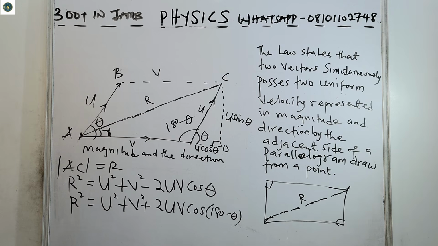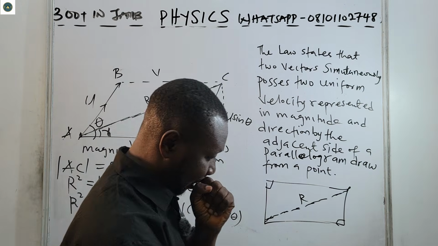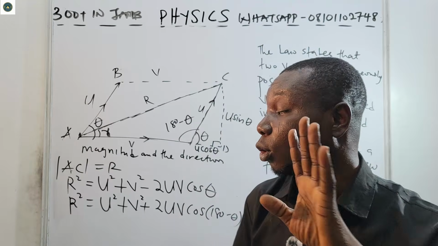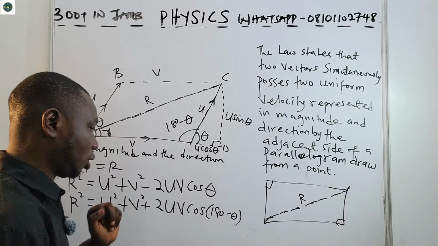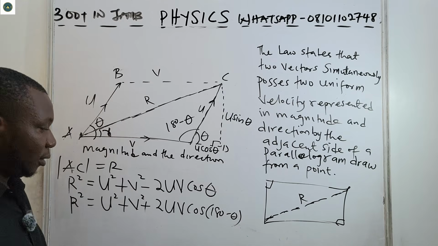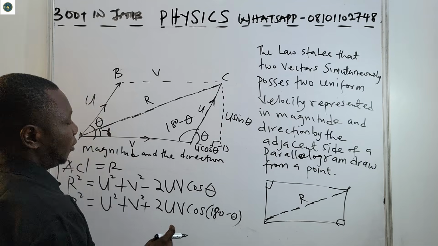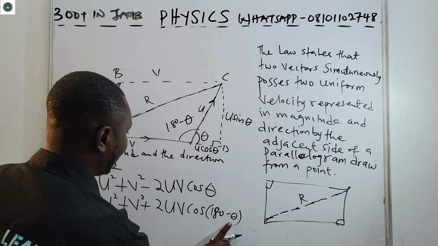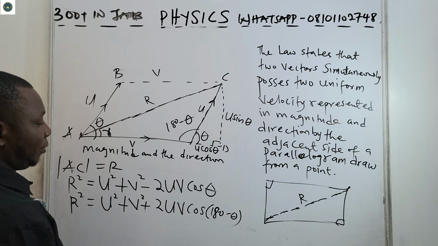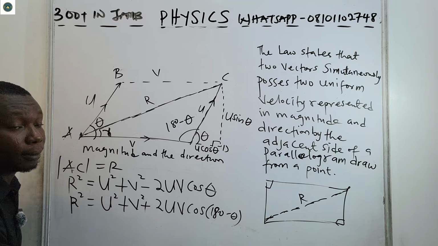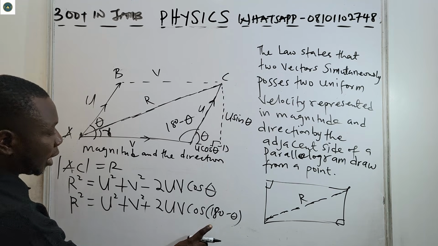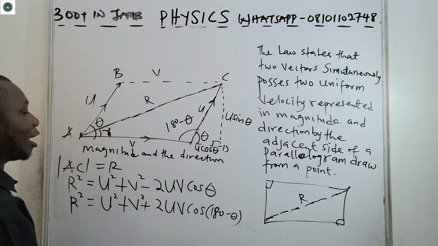The reason is that in the second quadrant, as you were taught in mathematics, cos is negative. So definitely with 180 minus theta, I'll have a negative value. Negative times minus gives plus.